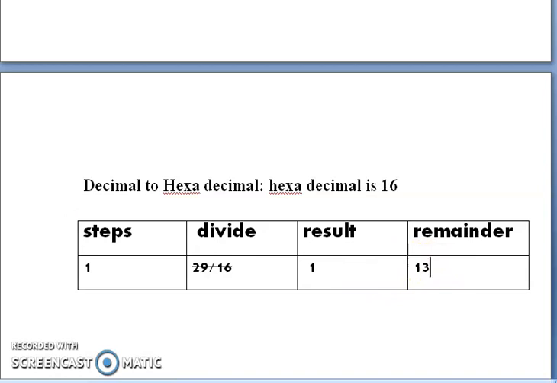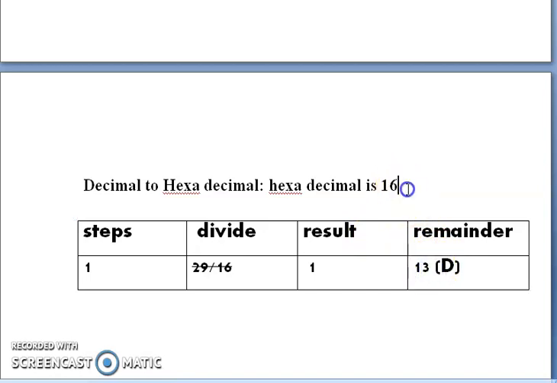So what does 13 mean in hexadecimal? 10 means A, so 13 means D. 13 is equal to D.